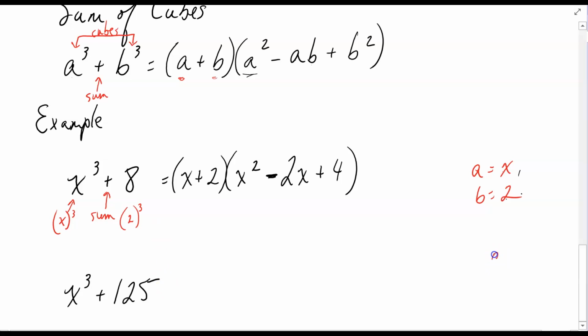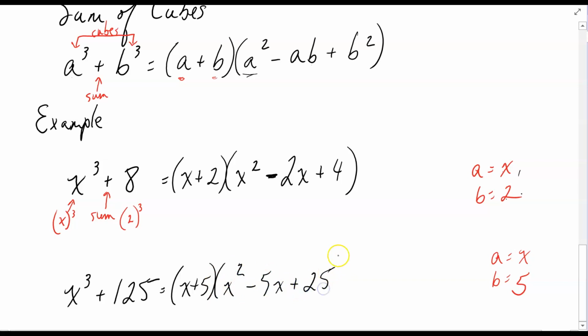Okay, so here a is equal to x, b is equal to the cube root of 125. If you're wondering, you can grab your calculator and do the cube root of 125, that is 5. And so now we have our a and our b value, so that will be x plus 5, x squared minus 5x plus 25.